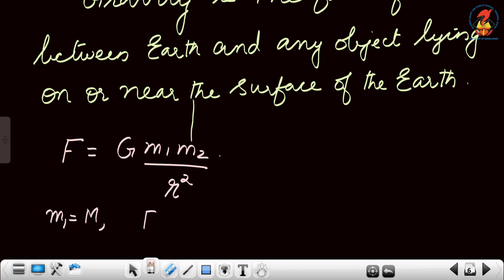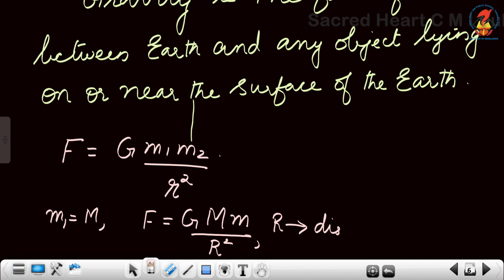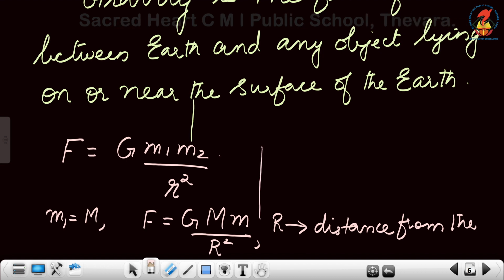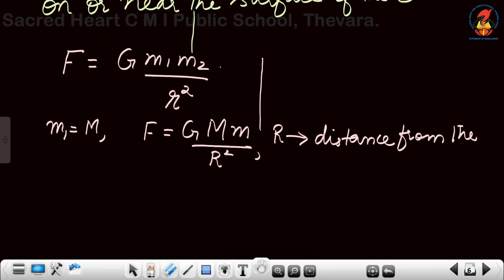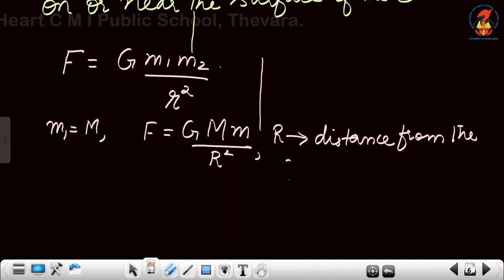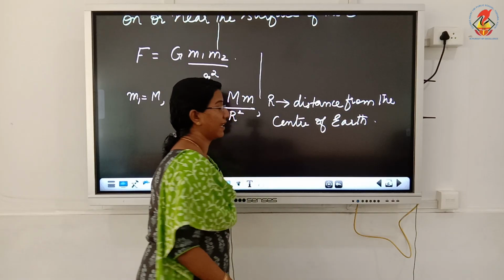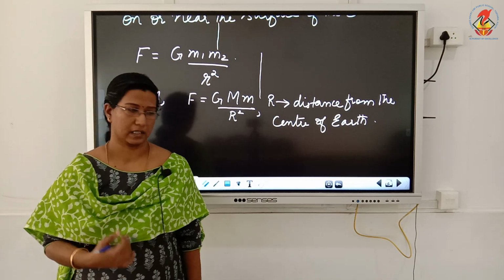So the equation becomes F is equal to G M m divided by r square, where r is the distance from the center to the surface, or we can say it is the radius of the Earth.